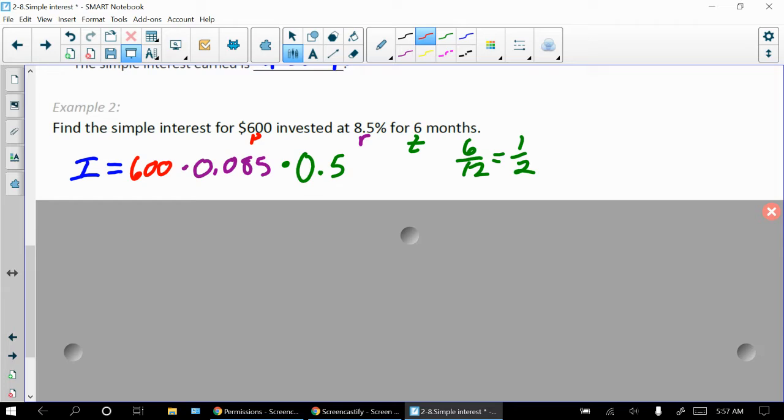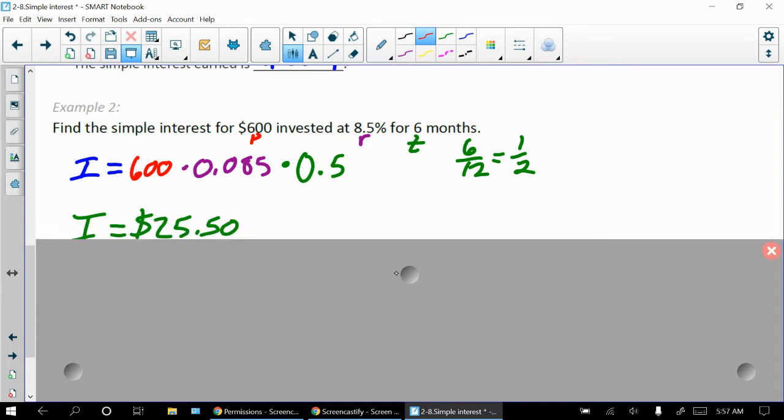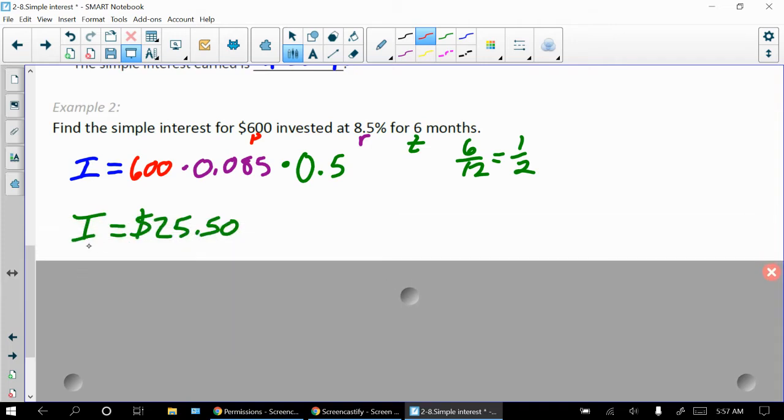If you know your common fractions as decimals, that is very helpful. So I take the 600, turn my rate into a decimal of 0.085 times 0.5, which is a half. Multiply it out, and you get $25.50 after 6 months.